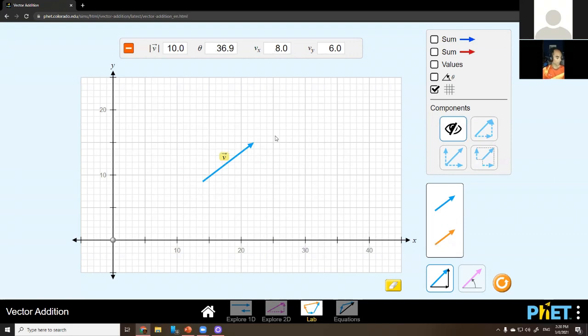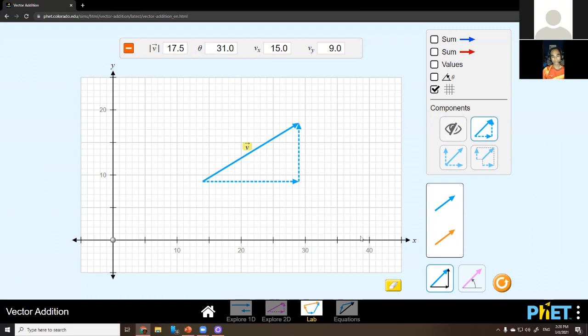Let's say V over here has a value in X. In the X over here, it has a value, and in the Y also, it has a value. So if you move, you can see that the value is also changing. And a vector also has an angle. This is the angle from the horizontal.